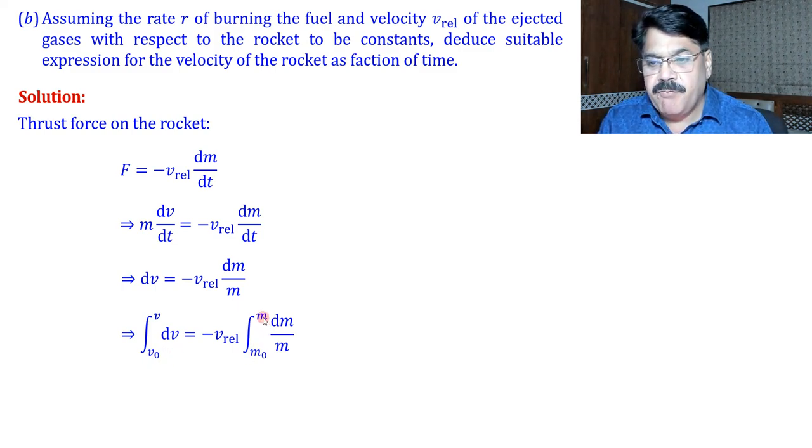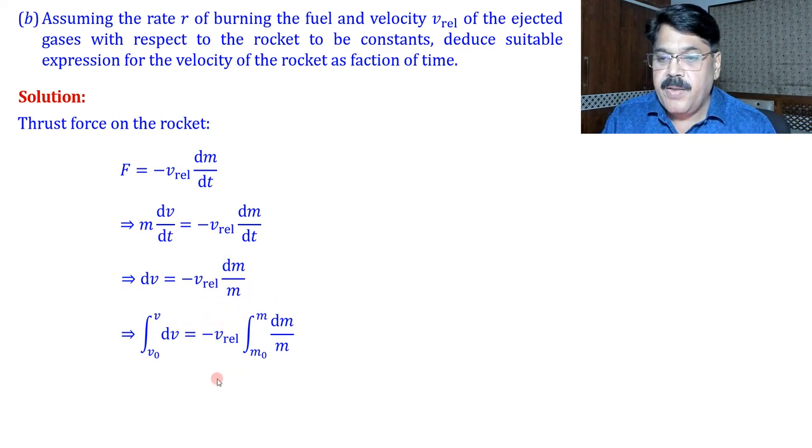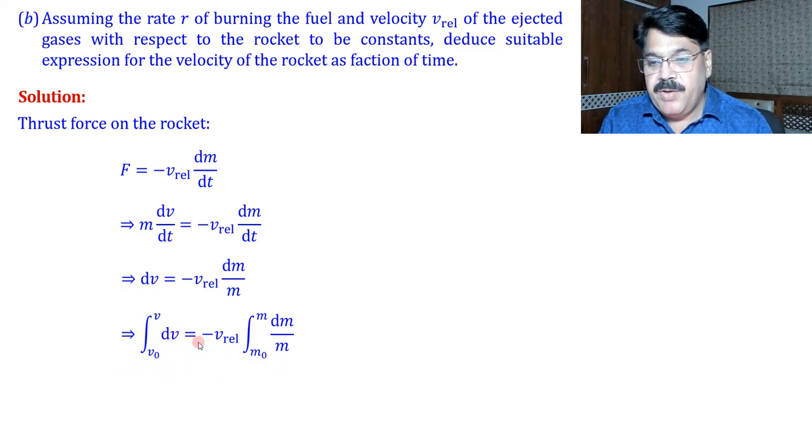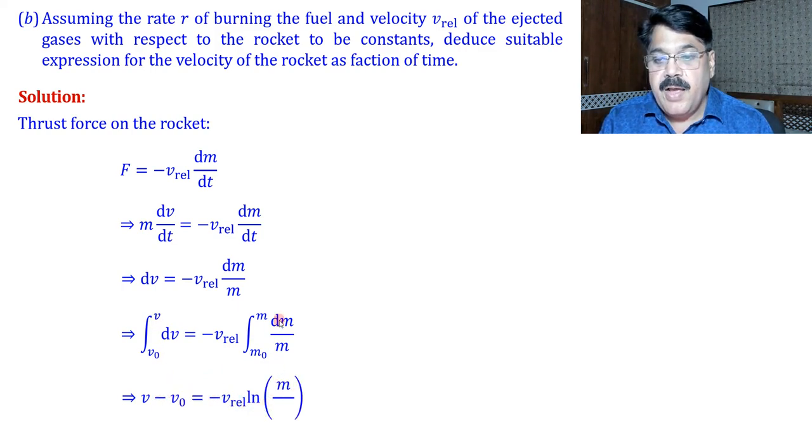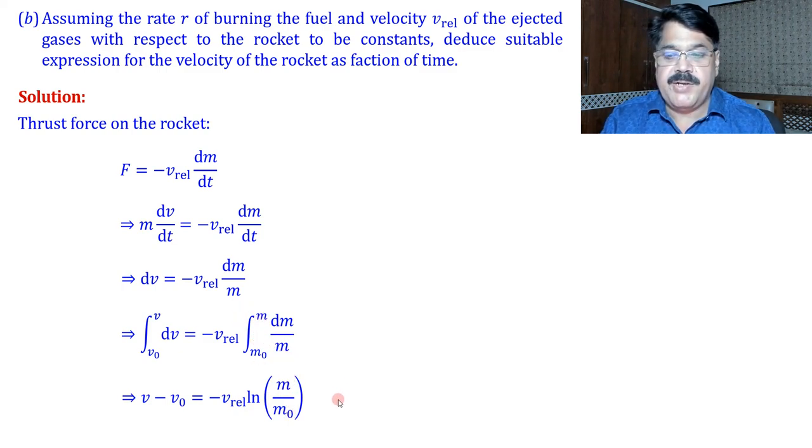And when the mass becomes m at time t, the velocity becomes v. V relative is constant, so we have taken it outside of the integration sign. Now you can see both side integrations are very simple. It will be v, and it will be ln m. So we have v minus v naught is equal to minus V relative ln m by m naught, incorporating the limits of integration.